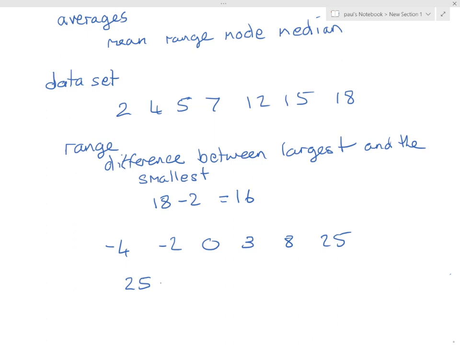So the difference is 25 minus -4, which is the same as 25 plus 4, which equals 29. The reason being, if I do a little number line, with -4 down here and 25 up here, it's the difference between them. So we have 25 from the top to 0, and then another 4. This is why we add them together to make 29.